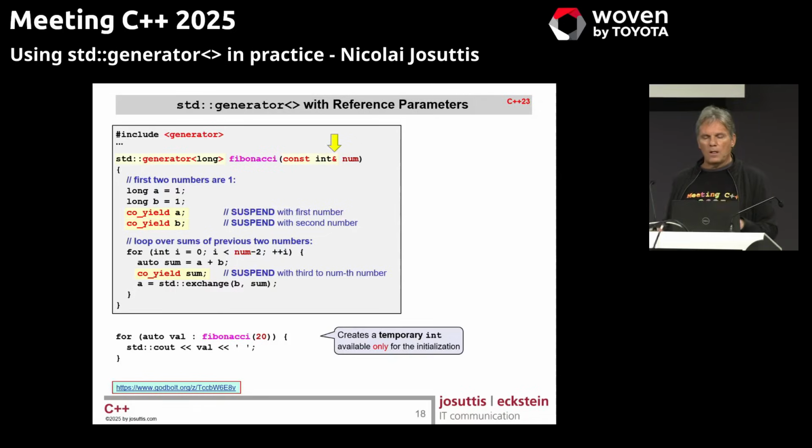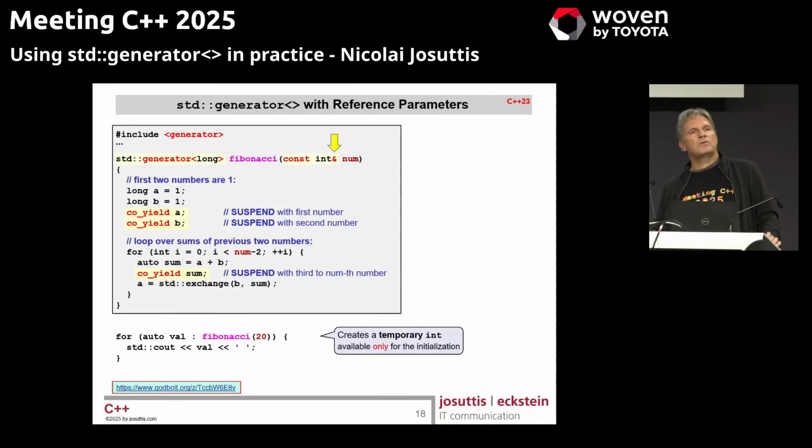And this call then does the initialization of the coroutine. But after the initialization is done, we return from the expression Fibonacci(20), and that means the temporary int created from 20 is gone.